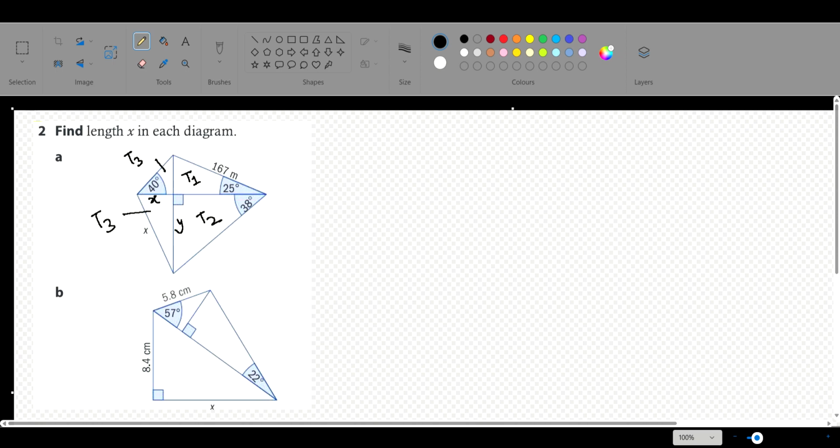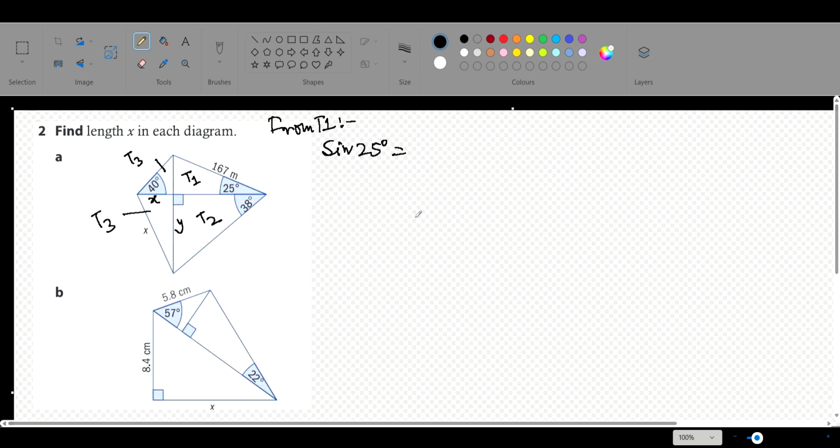So from t1 you can get this vertical height, which is sine 25 from t1. Sine 25 degrees equal to this vertical height.